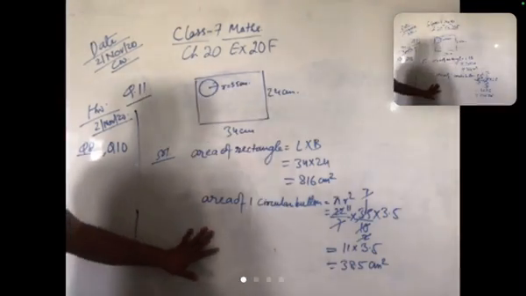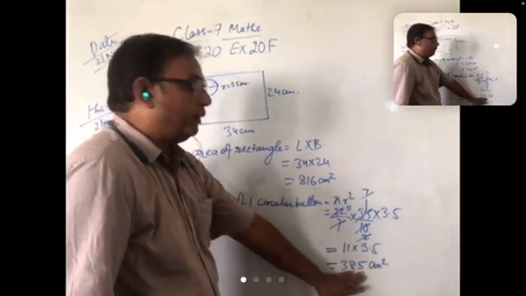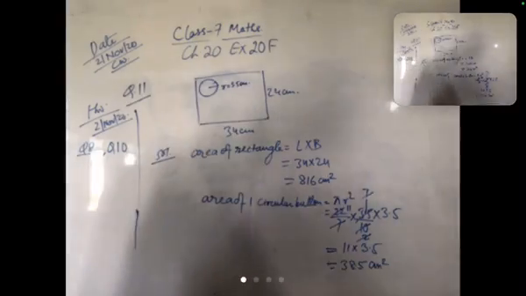So now the area of one circular button is 38.5.